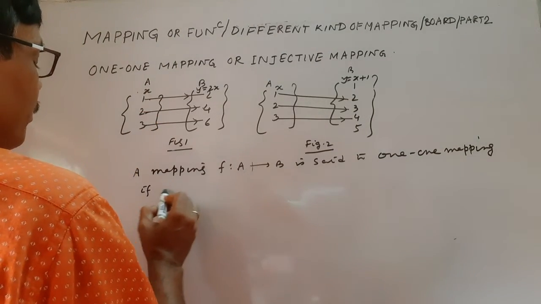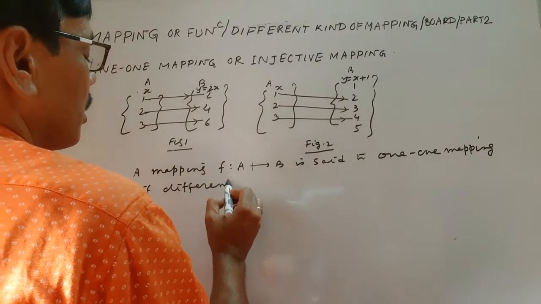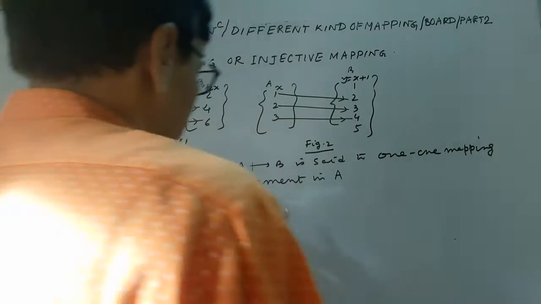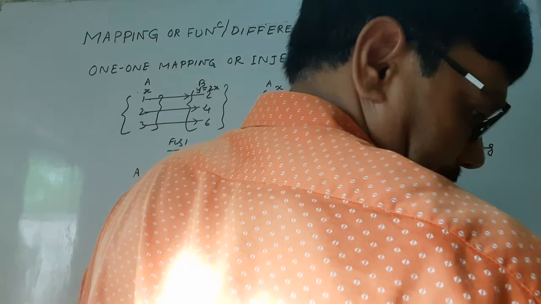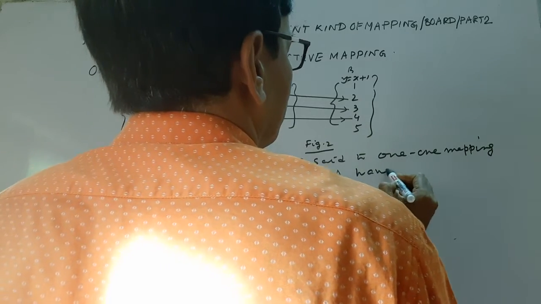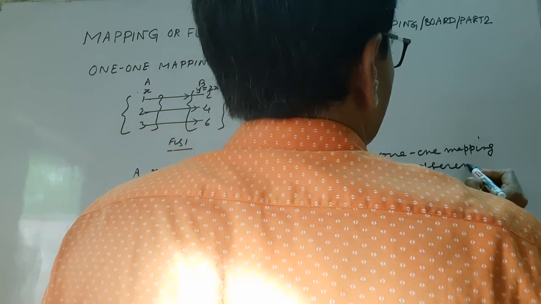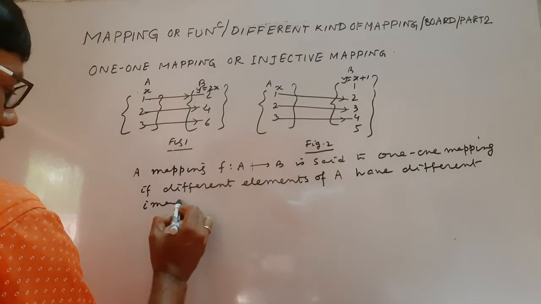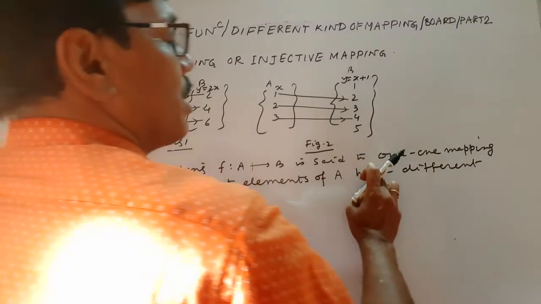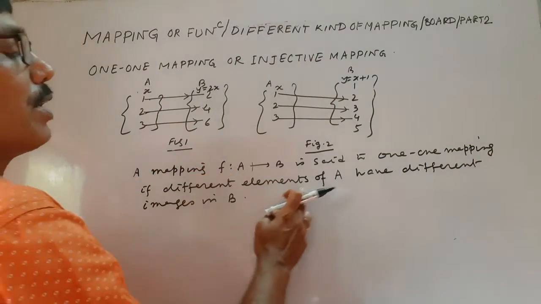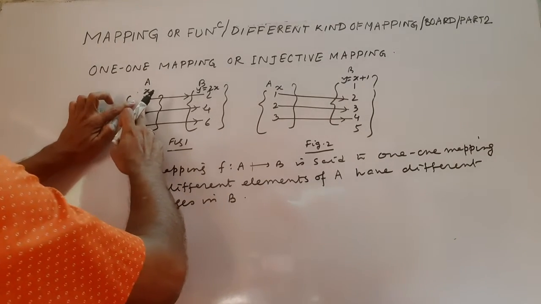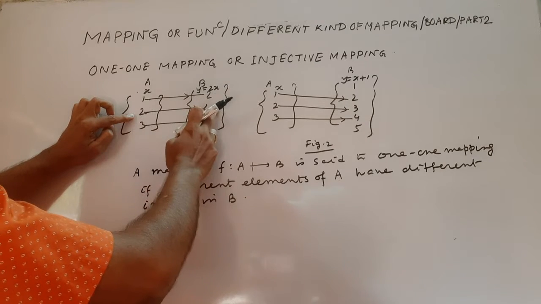A mapping f from A to B is said to be 1-1 if different elements of A have different images in B. So 1's image is 2, the different image is 4.